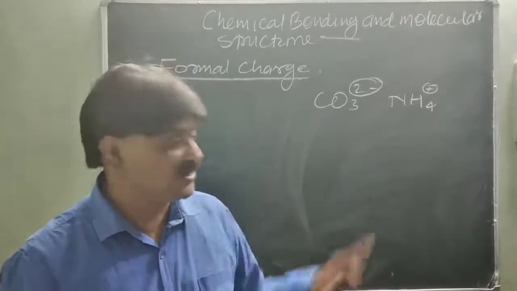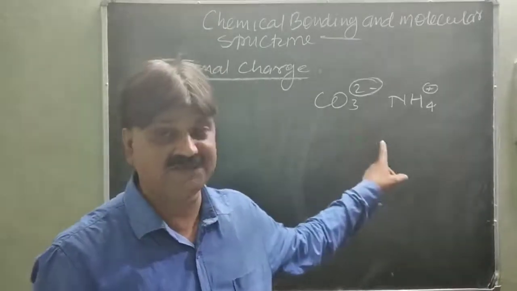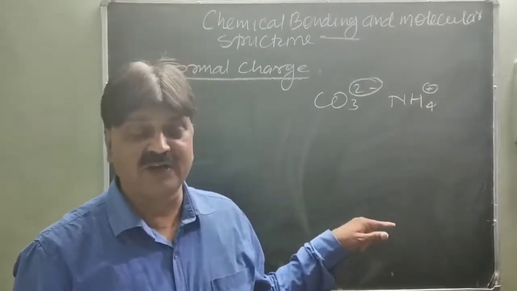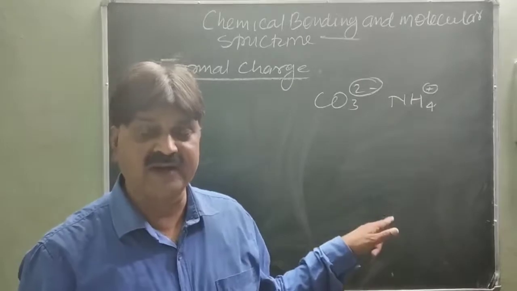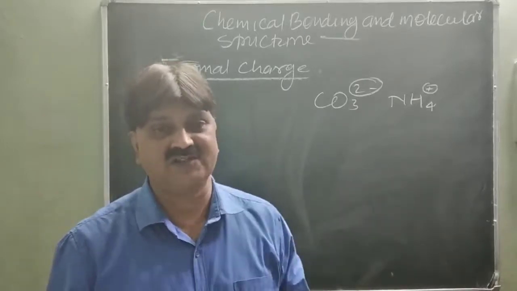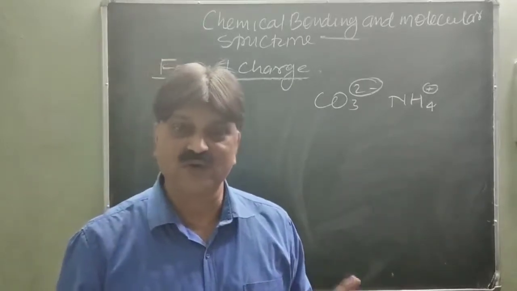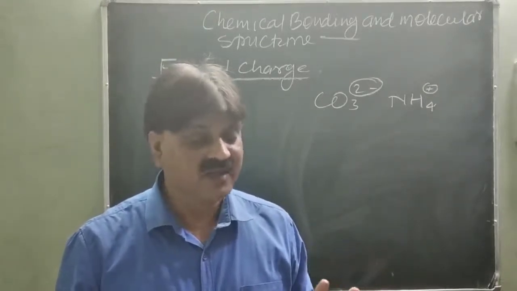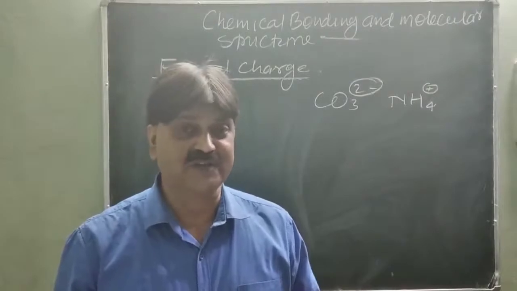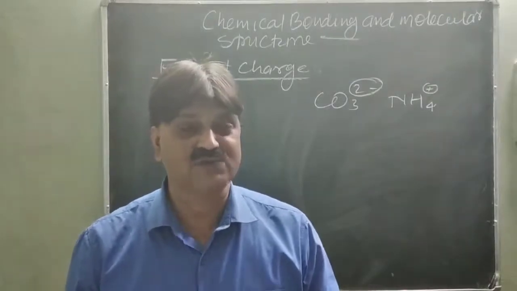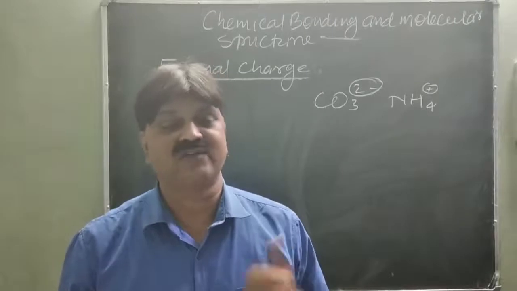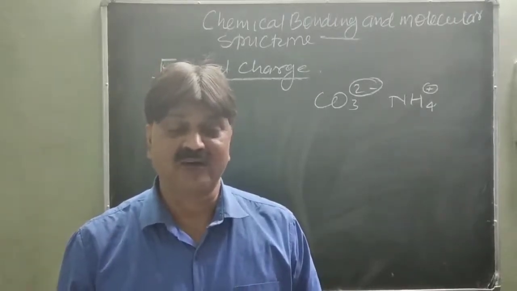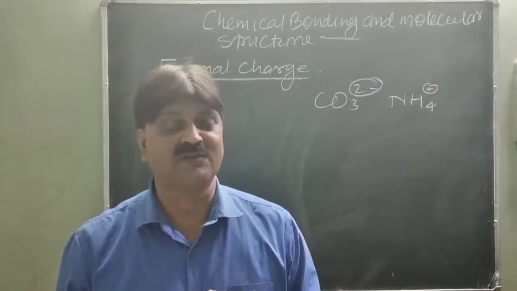The charge which is present on the atoms in polyatomic ions can be calculated or shown with the help of the formal charge. This charge present at a particular atom is called the formal charge.